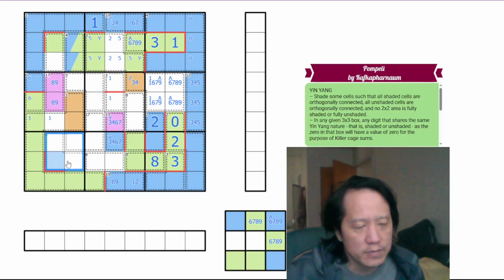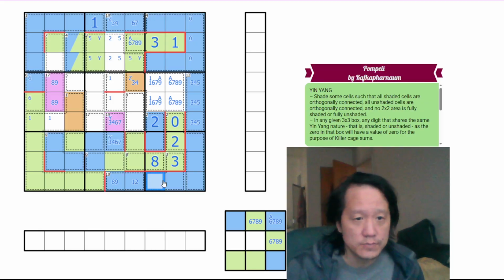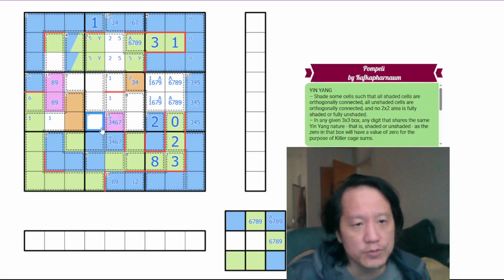Let's take... Okay. What happens if this is all blue? If this is all blue, then this becomes green, which means this must be blue here. This is blue, blue, so therefore this would be blue. This would be 3 blue, so that would be green here. So this would have to be valid.